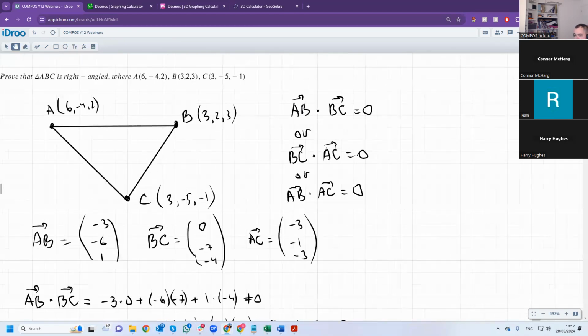It might be I went wrong when copying the question. 6 minus 4, 2. 3, 2, 3. 3 minus 5 minus 1. Okay, I copied it correctly. AB is, okay, AB is minus 3, 6. Yes, that's where I went wrong.